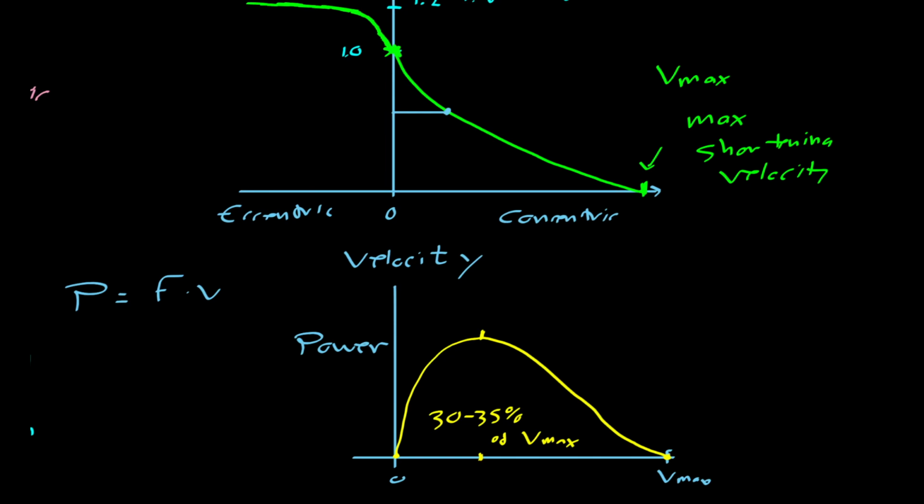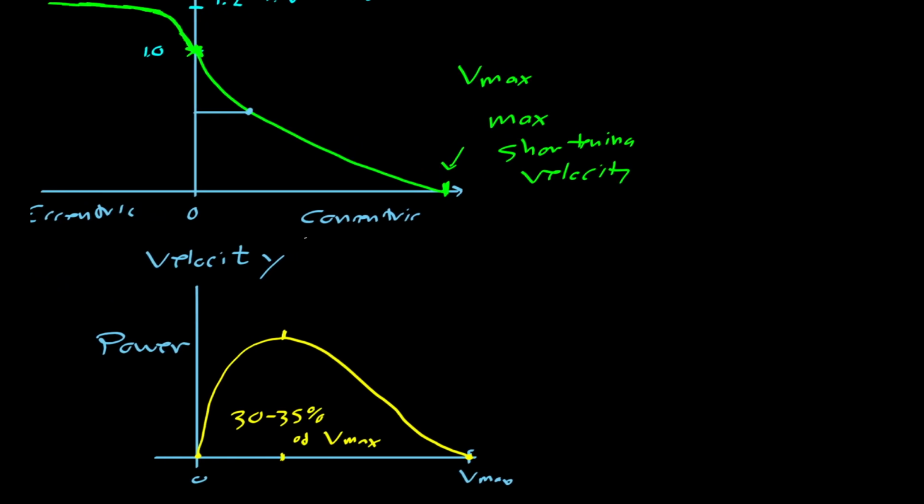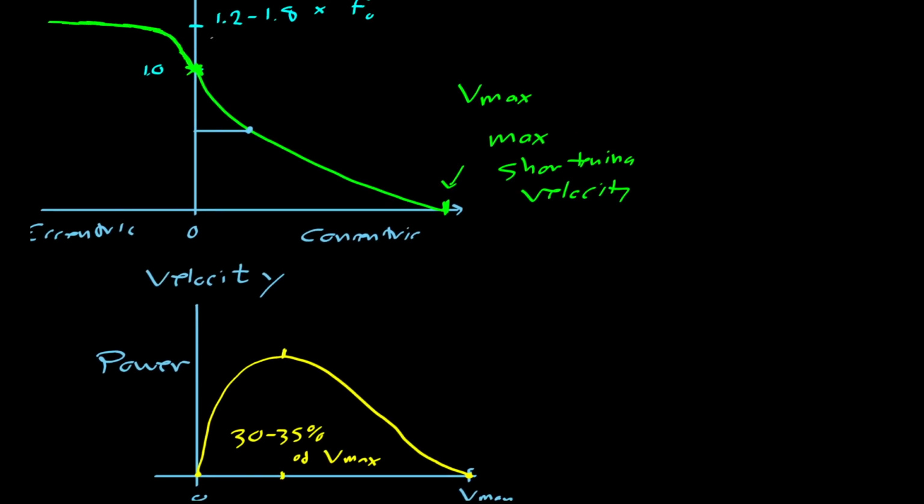So to connect this to one other property of muscles, you're likely familiar with slow twitch versus fast twitch muscles. Slow twitch and fast twitch muscles have a different Vmax. So if this is a curve for a slow twitch muscle, maybe a fast twitch muscle would look like this.